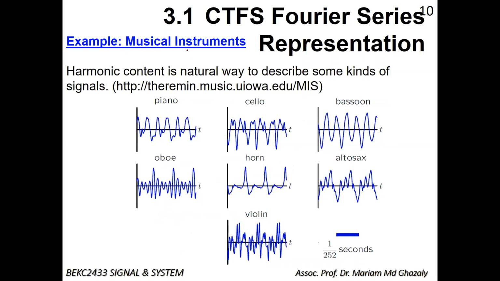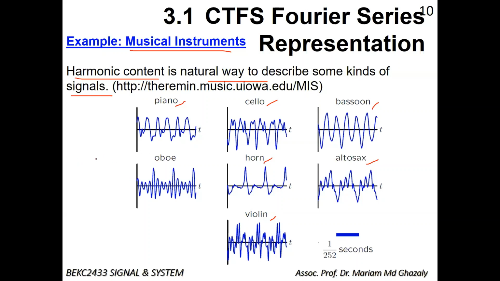So an example of musical instruments. Each signal has its own waveform. So harmonic content is a natural way to describe some kinds of signals. For example, we have a signal for piano, it's like this, from cello, bassoon, horn, alto sax, and a violin. So by using Fourier series, you can calculate and plot the harmonics.